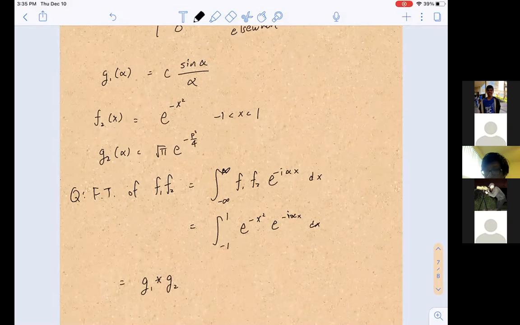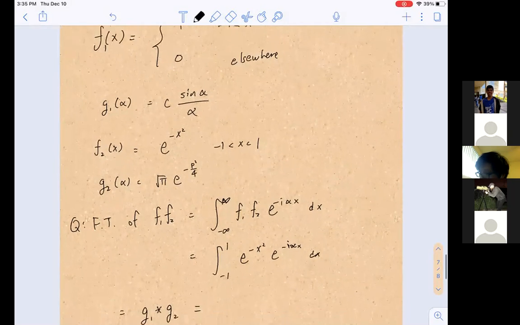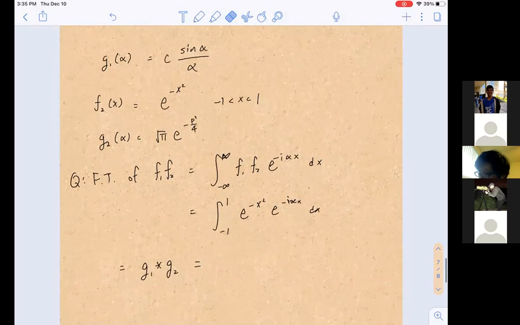Right. The Fourier transform of the product is the convolution of the Fourier transforms. Okay, so why did I write p? I meant alpha here.